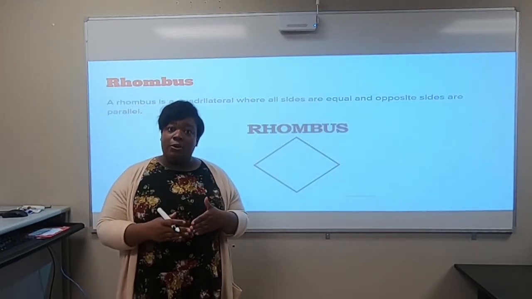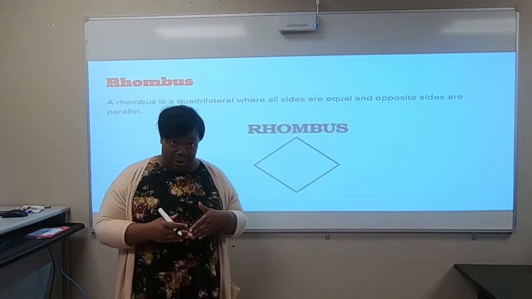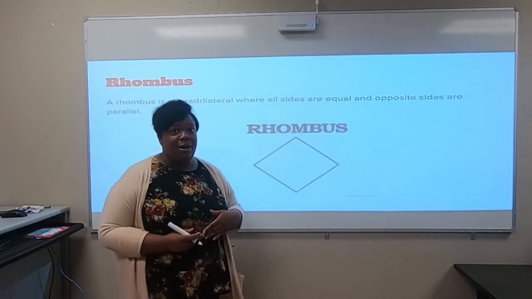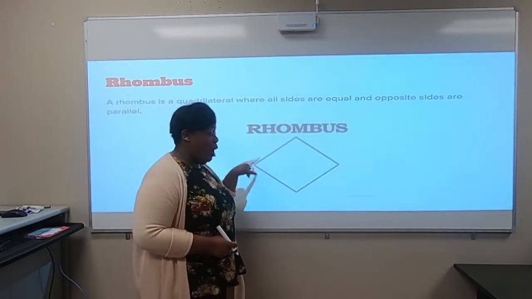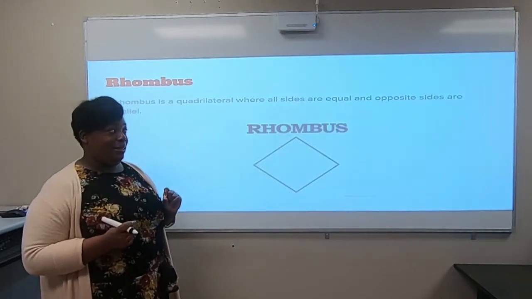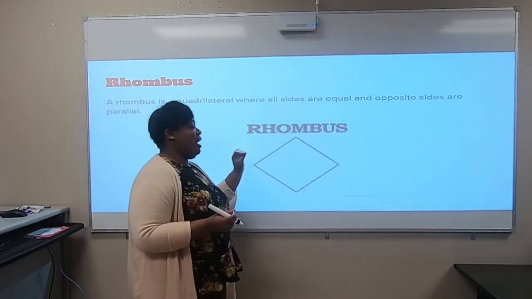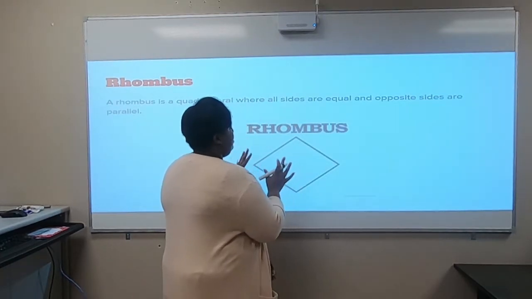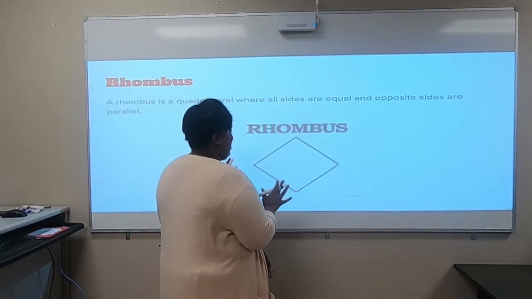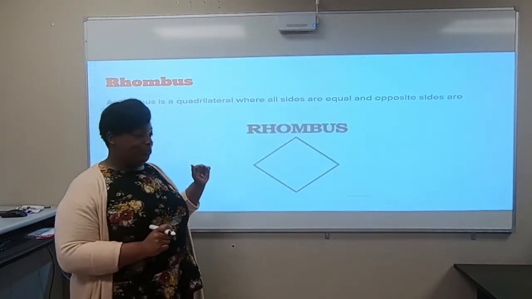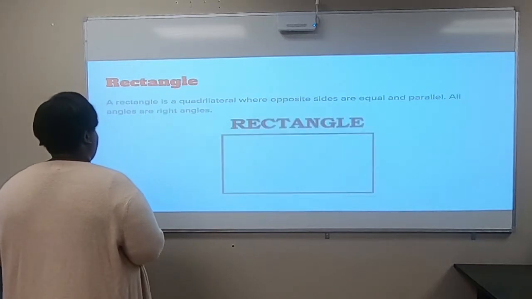In a parallelogram, 2 pairs have to be parallel. But in the rhombus, you need 2 pairs of parallel lines and all your sides have to be the same length. Now, a lot of times my students say, well, it kind of looks like a square. It does, and it's almost like a square, but we're going to see why a rhombus is not a square, okay?